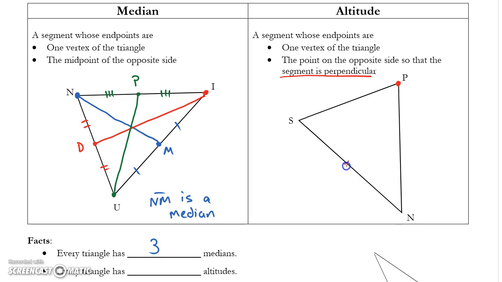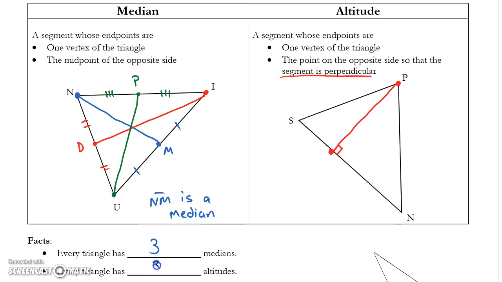So this might be my midpoint, but if I drew that, the segment wouldn't be perpendicular. So what I need to do here is find the segment that would both go through this vertex and be perpendicular. That would be my other point. It has no special properties, that point, to this side. All it does is make sure that that segment is perpendicular.